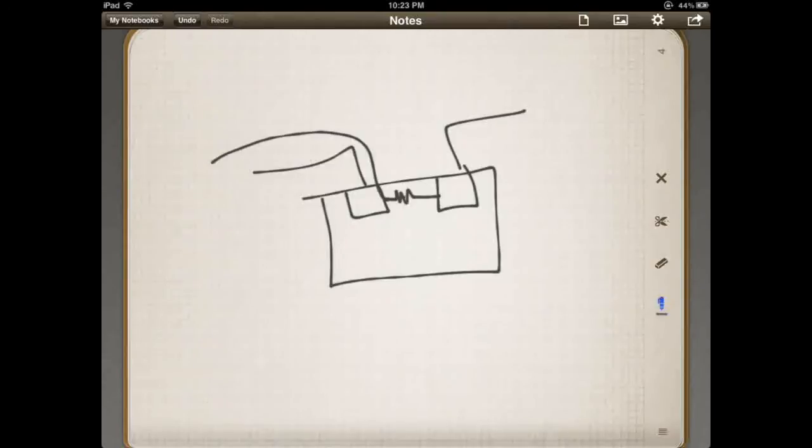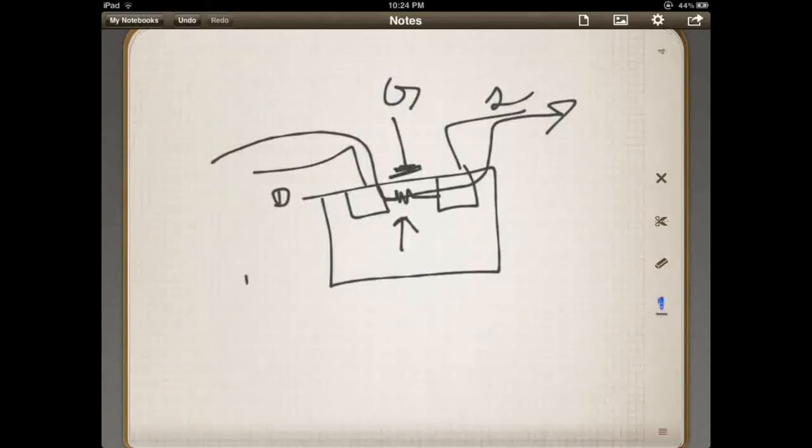And your current's doing this. It's going through from drain to source. Your gate's up here. This is your gate. There's some resistance there. Okay, so when we look at it in symbol form, imagine kind of a resistor there.